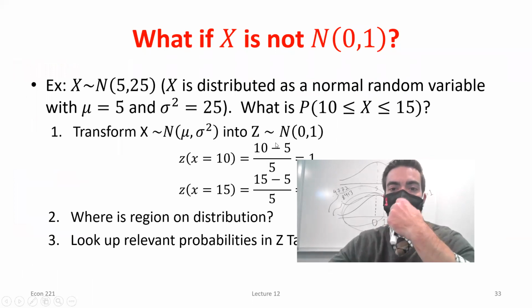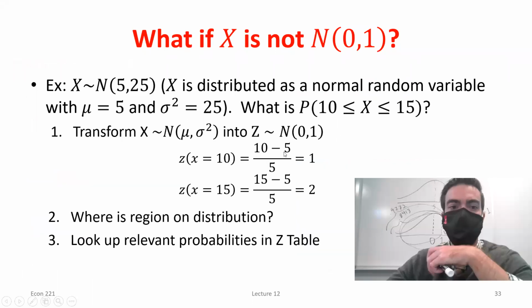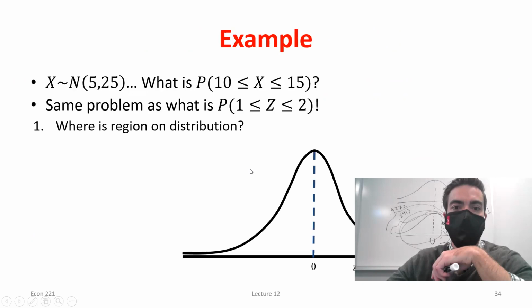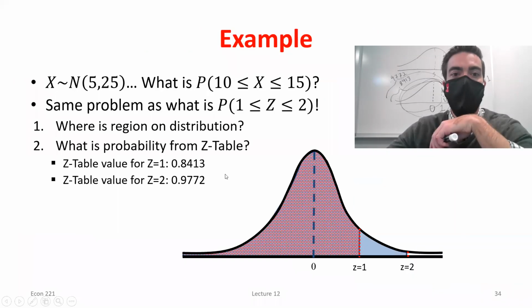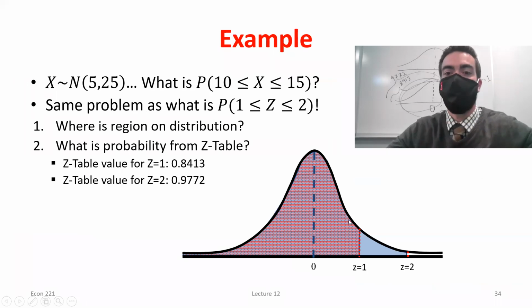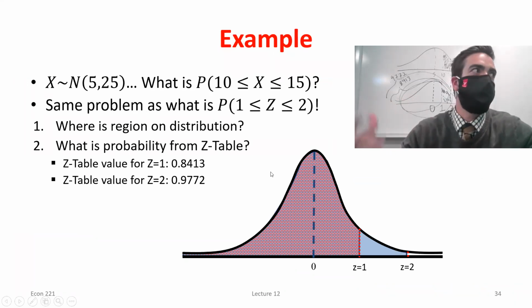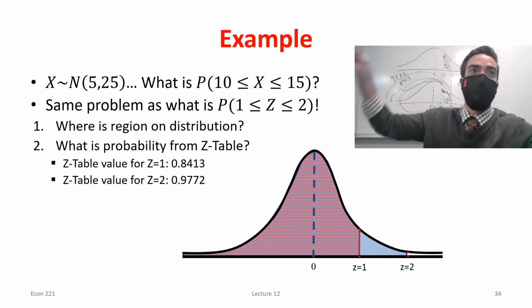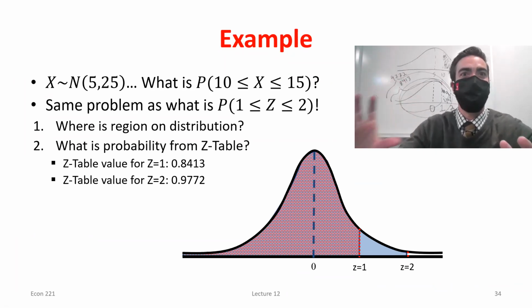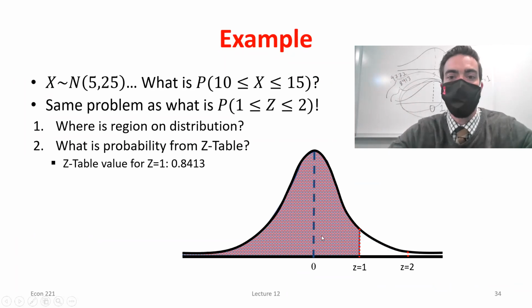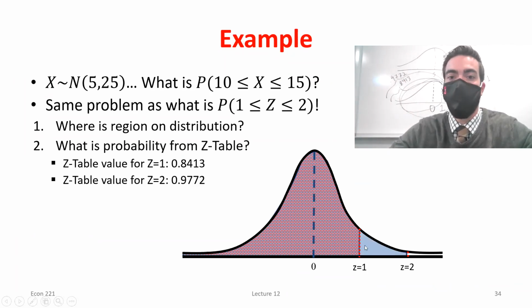So we turn these into z-scores, kind of plot this. I want the probability in between 1 and 2. I look up those two probabilities. You can kind of see here, if I wanted to shade this in, I tried shading on the board sometimes. I try using different colors and it ends up just looking like a mess. So that's why I kind of draw these large circles to indicate what we're looking for. But you could think about it as the area to the left of that z-score of 1 is this bricked area. The area to the left of that z-score of 2 is this light blue area. Where do they intersect?